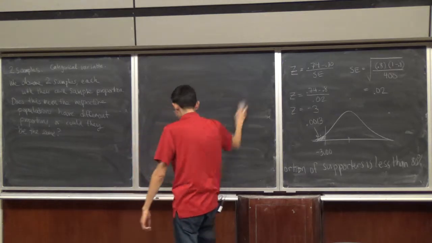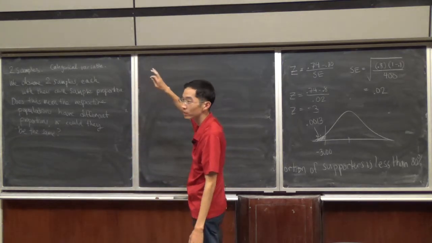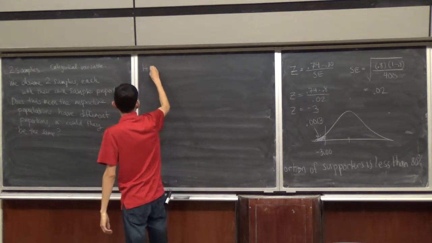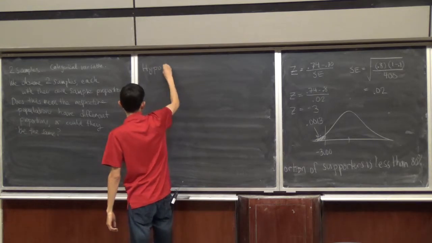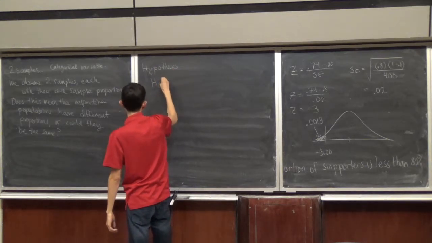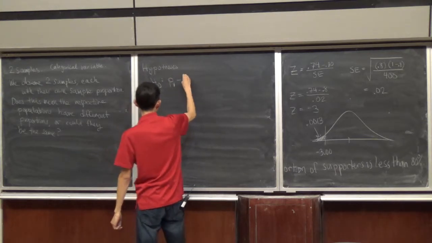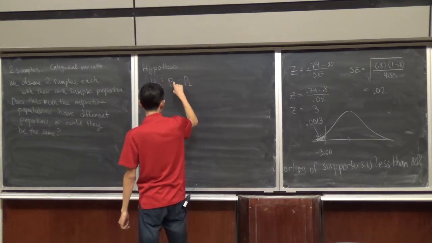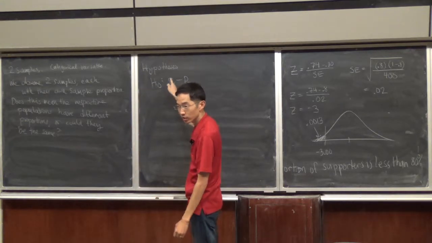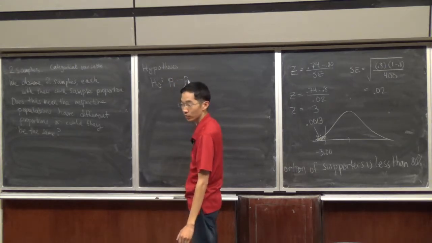But we'll go, alright? So when you have two samples, categorical variable, okay? Your hypotheses, this is what they will look like. Okay? The null hypothesis is that you've got two proportions, P1 and P2. P1 is the proportion in the population for population 1, and this is the proportion for population 2.